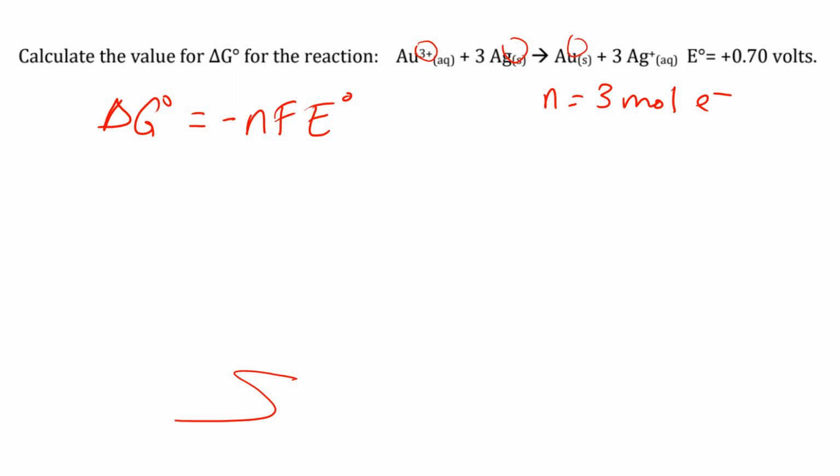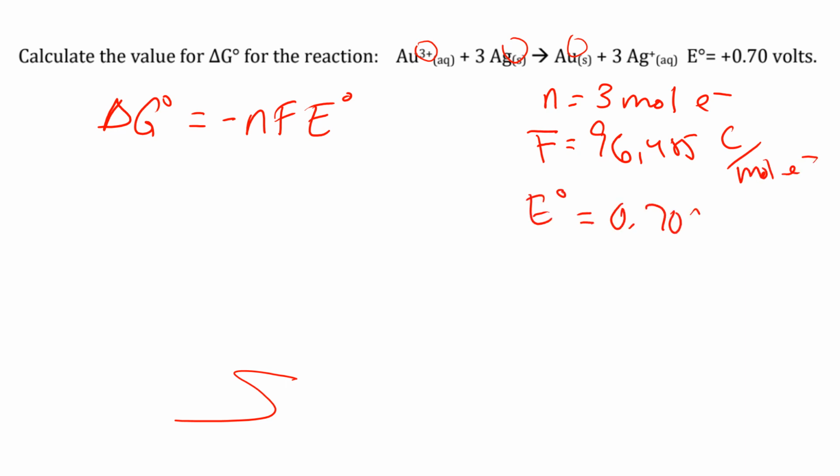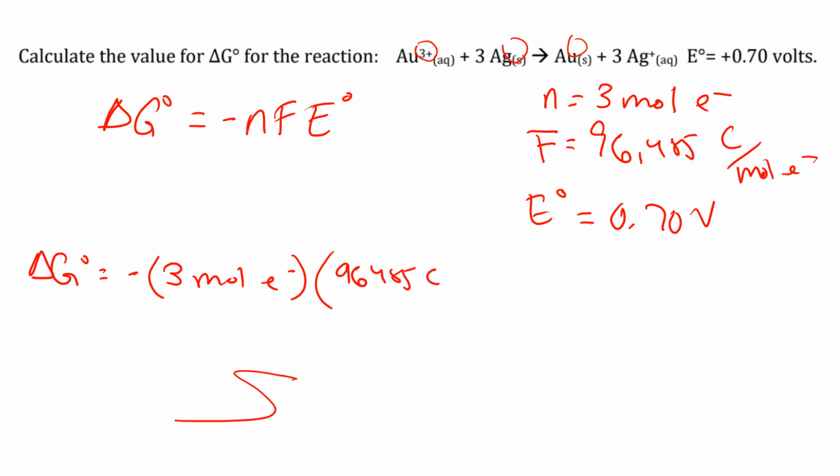Your F is Faraday's constant, 96,485 coulombs per mole electron. Your E0 is 0.70 volts. So delta G0 equals negative 3 moles of electrons times Faraday's constant, 96,485 coulombs per mole electron, times 0.70 volts.